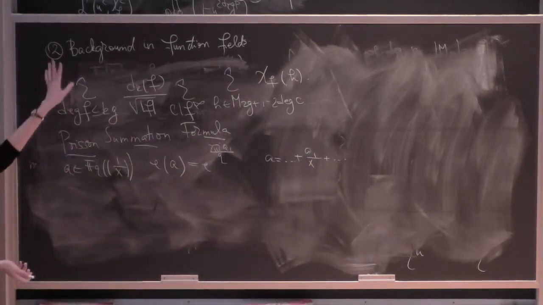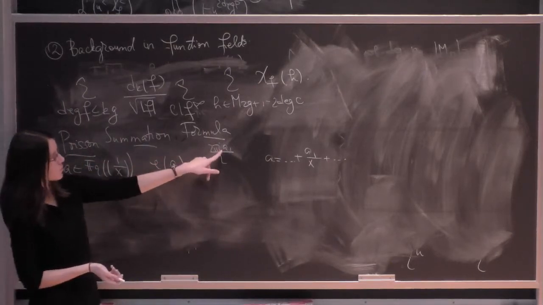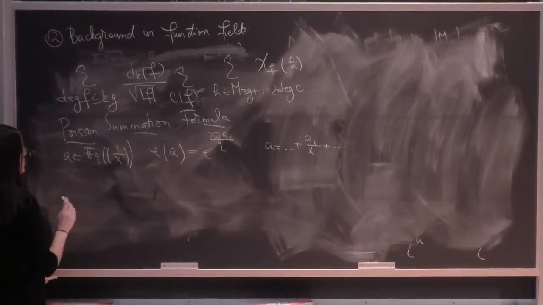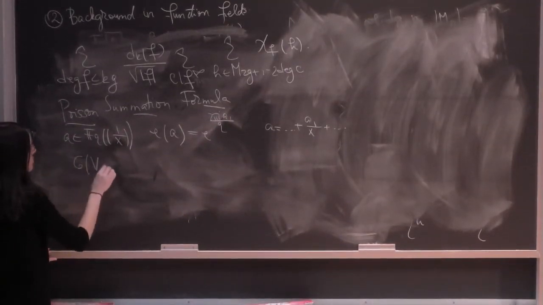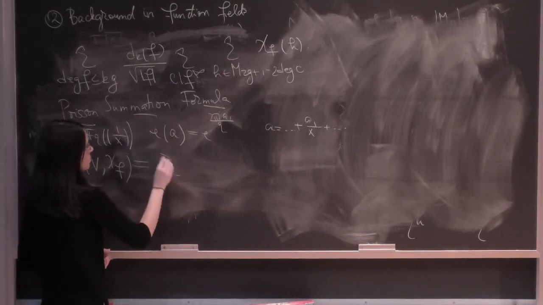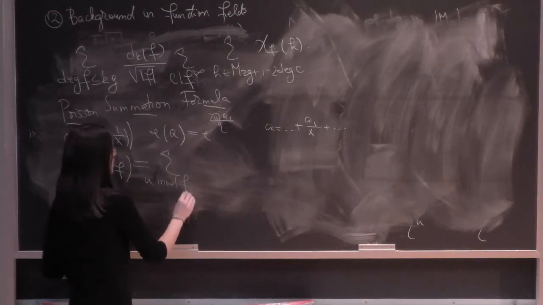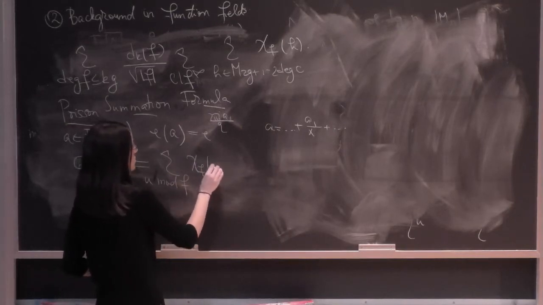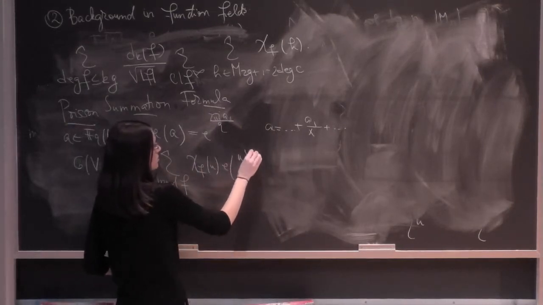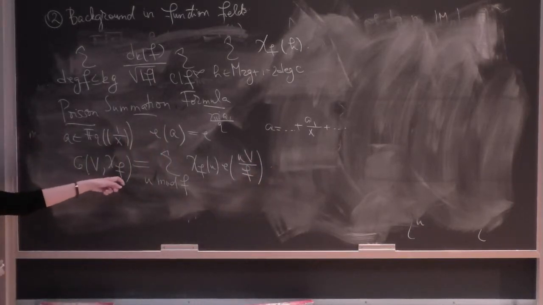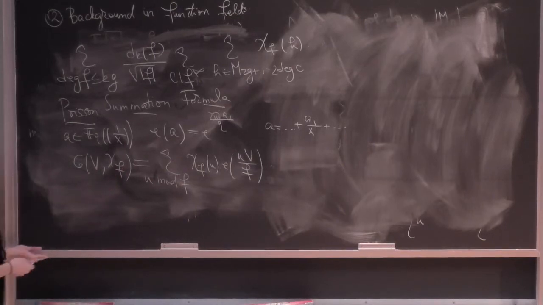In general, I took q to be a prime. If q is not a prime, then this should be the trace of a_1. This is the exponential, and then we can define Gauss sums, G(v, chi_f). This is just what we would expect from the number field case. It's the sum over u mod f of chi_f(u) e(uv over f). And this is multiplicative as a function of f, and we can determine it precisely on powers of primes.